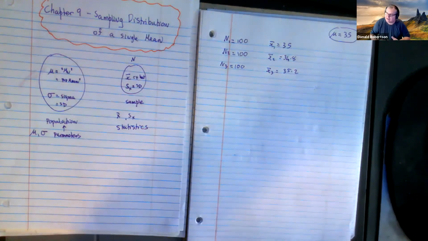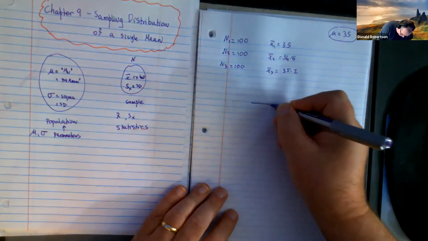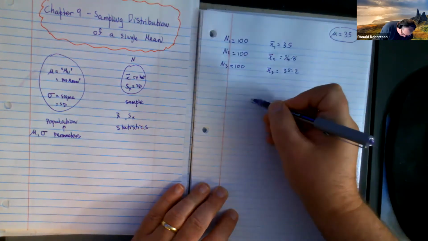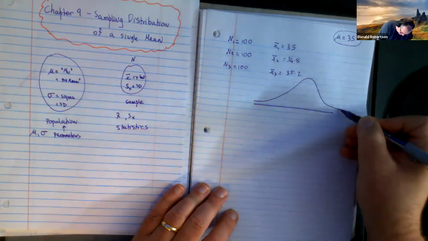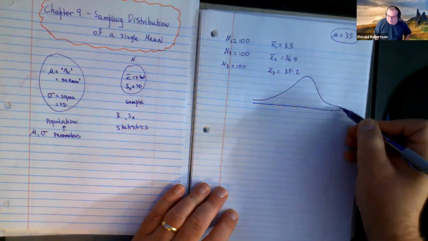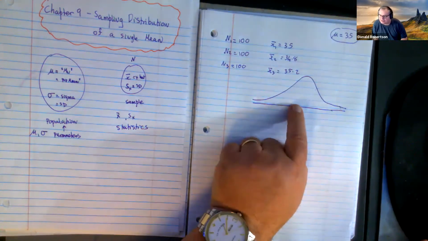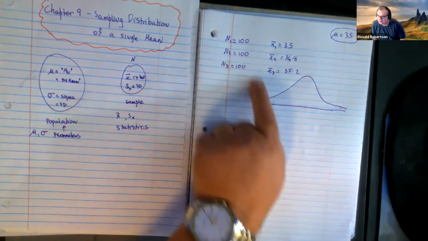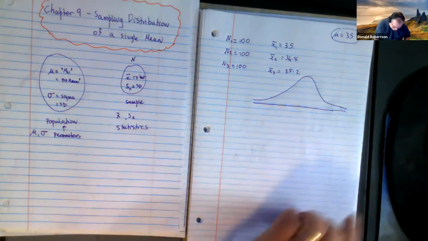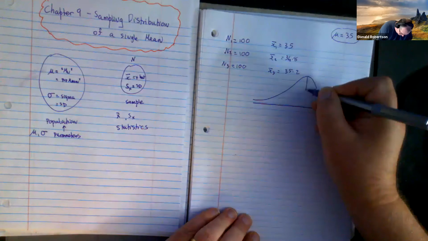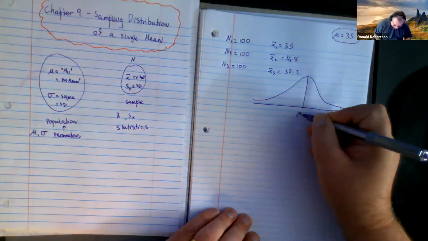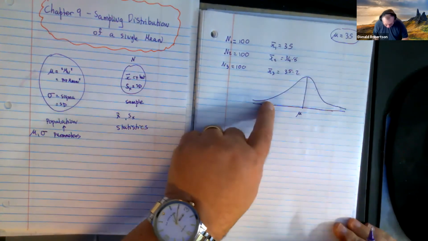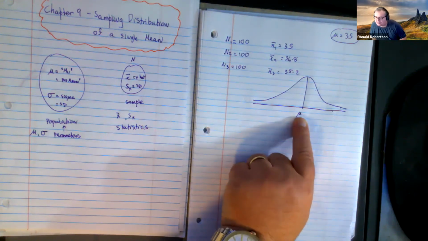It's what you get from the distribution of all the samples you could possibly get. And it has a very particular shape. It has that shape. Can you imagine there were millions of these? Wouldn't it look like a big histogram with that shape? Right in the center, wouldn't the mean of the sampling distribution be the same number as the population mean mu?